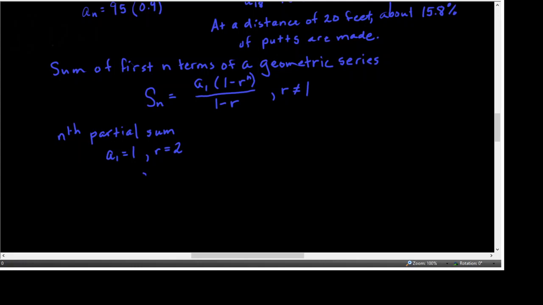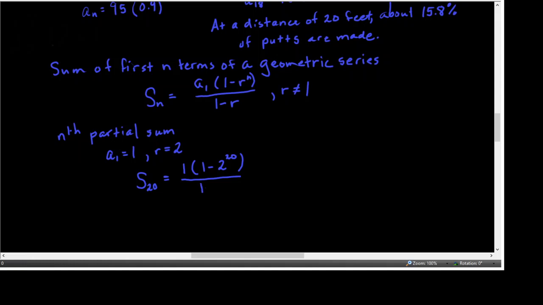And so the total amount of money earned after 20 days of work under those conditions is 1, which is 1 penny, so a sub 1, times 1 minus r, which is 2, to the 20th. Please notice that this uses n, not n minus 1. You've got to be very careful that you don't accidentally conflate these different formulas and mix them up with each other.